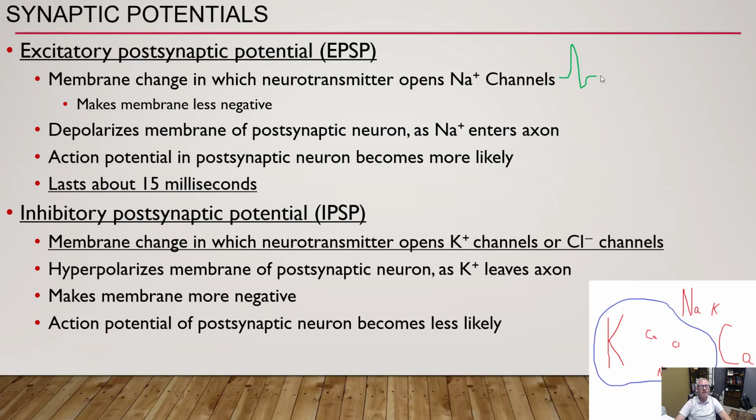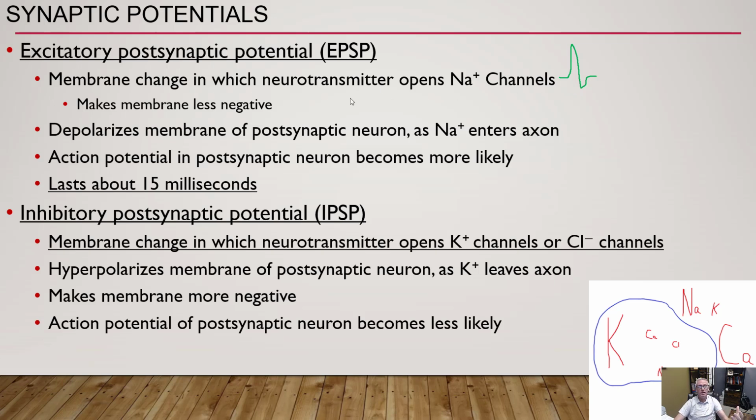So if you think about excitatory or a depolarization, you can think of sodium. If you think about what is inhibiting or repolarizing the cell, that's going to be potassium.